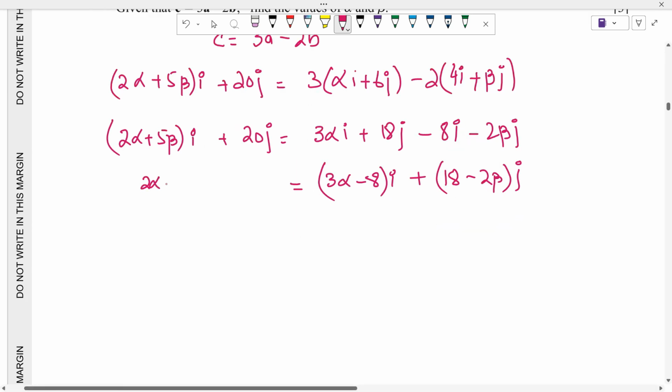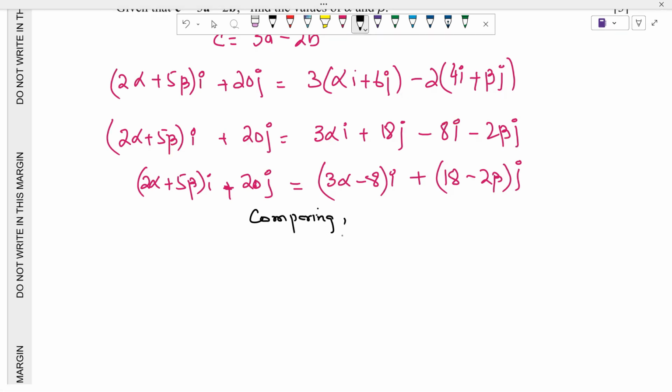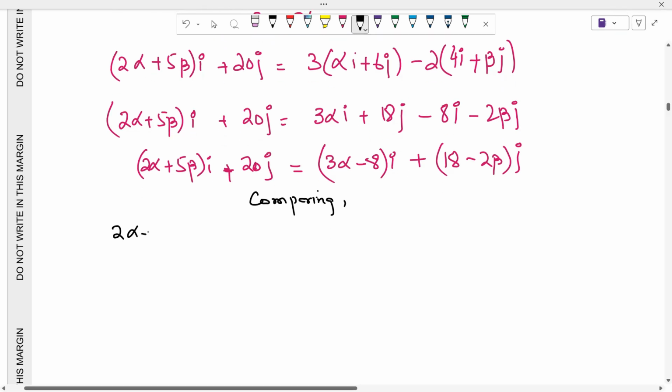So on the left side, (2 alpha plus 5 beta) i plus 20j. Comparing the values, 2 alpha plus 5 beta is equal to 3 alpha minus 8.